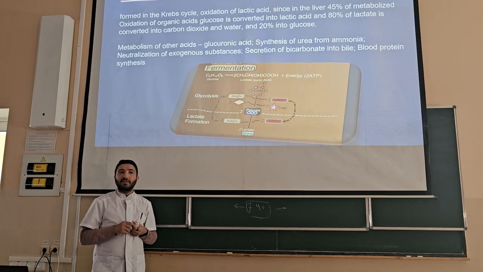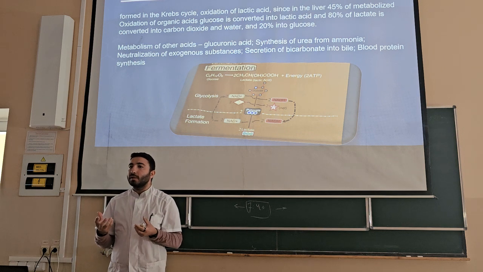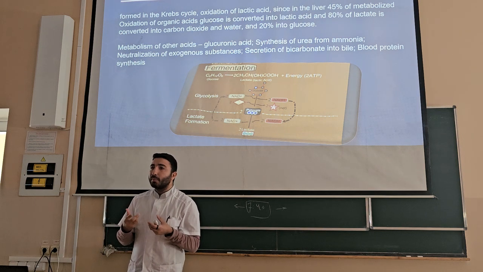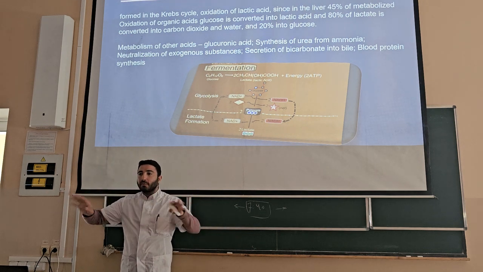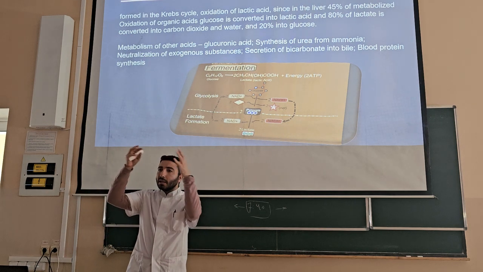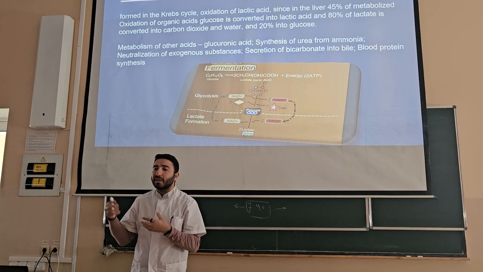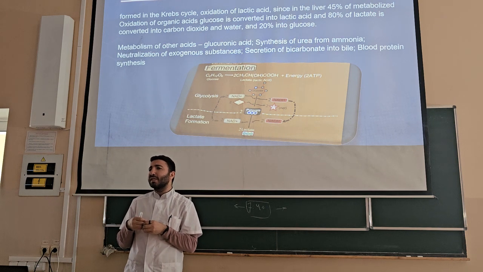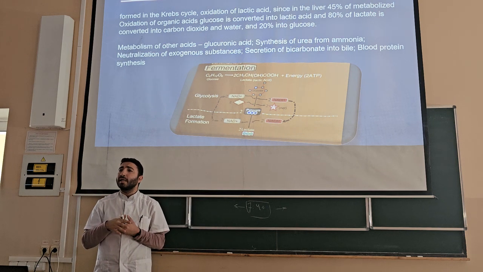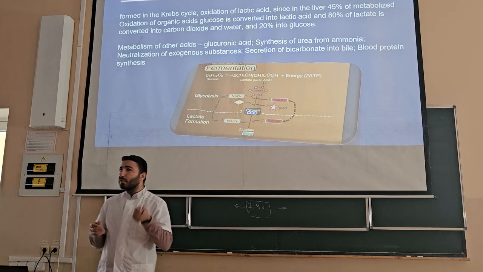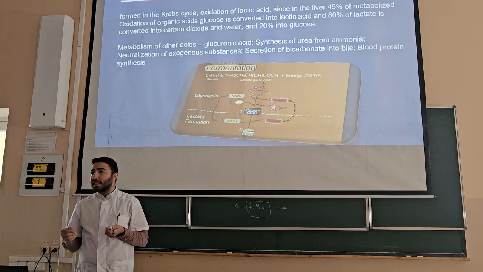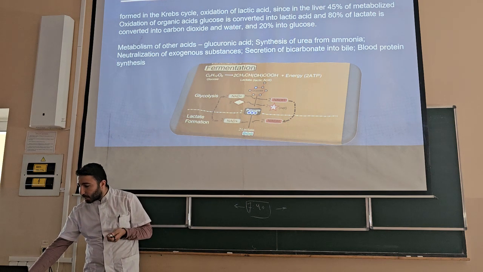Role of the liver, since the liver is one of the metabolism systems. If you remember in biochemistry, I will not go further into it, the Krebs cycle and the regulation of the hepatic function of the liver to maintain glucose or glycogen in the blood.